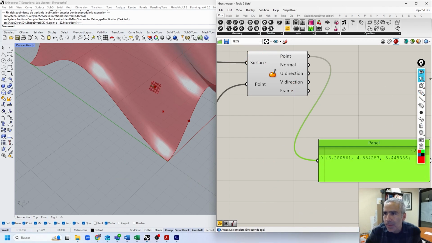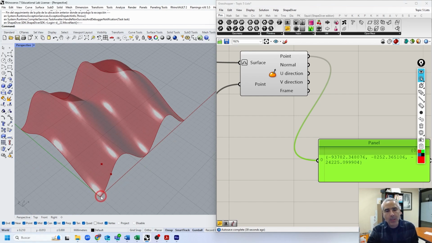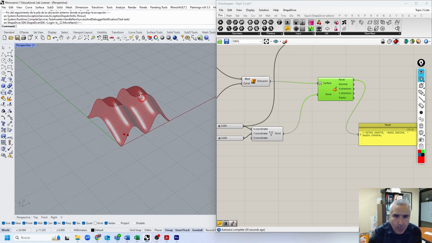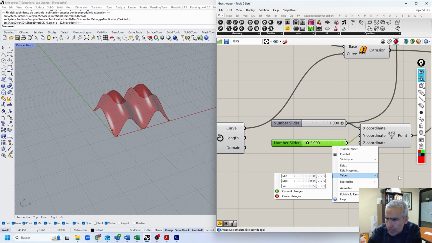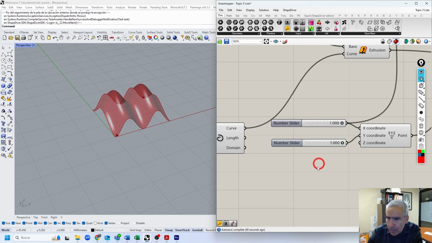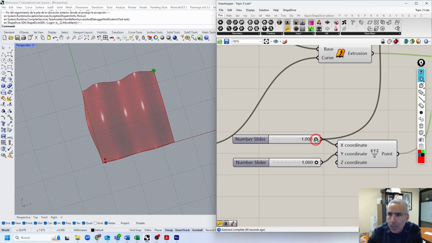As we saw with the curve domain, you can reparameterize a surface. And what that will do is that it will clamp, or change the surface domain to make it go from 0 to 1 in one direction and from 0 to 1 in the other direction. So this is actually not working anymore. But if we change the values here to go back to 1, you'll see that here, for example, we have that point over here, and then that'll go over here.